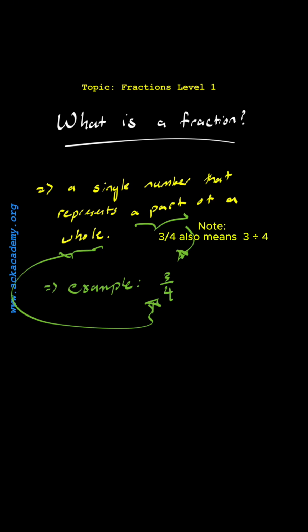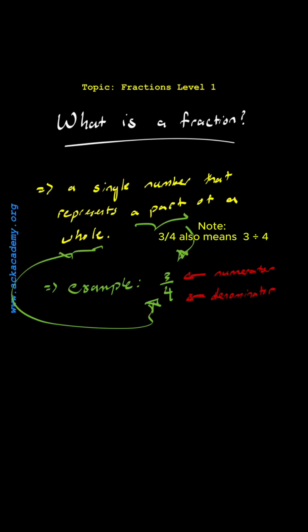So that's the fraction, and in the fraction 3/4, the top number is the numerator, and the bottom number is the denominator. Okay, and the part will always be the numerator, and the whole will be the denominator.